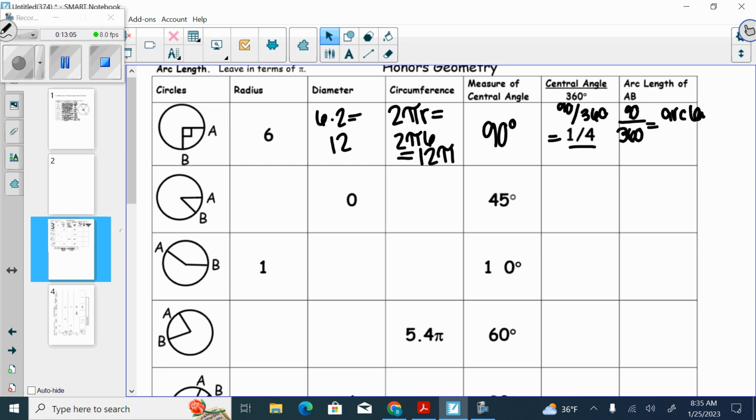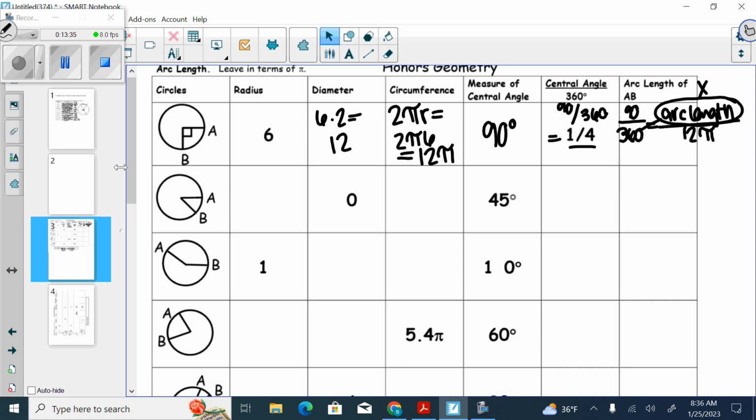So arc length over 2 pi r. And what did our 2 pi r simplify down to? 12 pi. So basically, this part is my x, or my unknown, right? So if I multiply this direction, I've got 360 times x, you could call it x if you wanted to, you don't have to write out arc length. So 360x equals 90 times 12 pi.